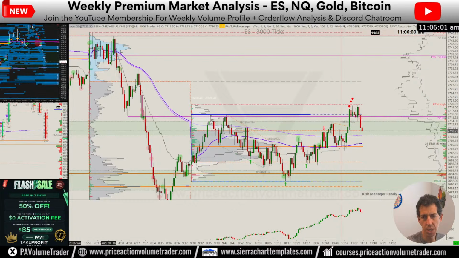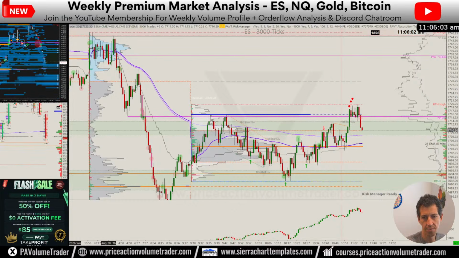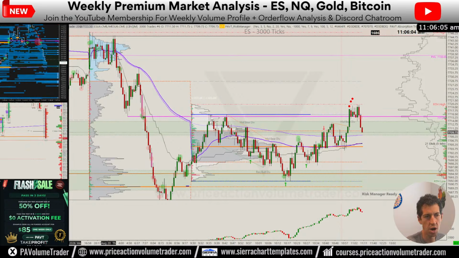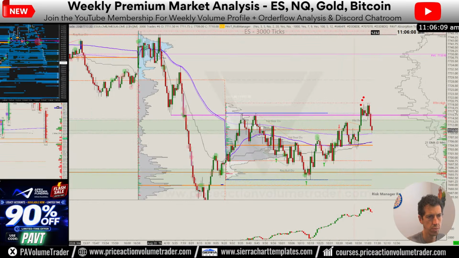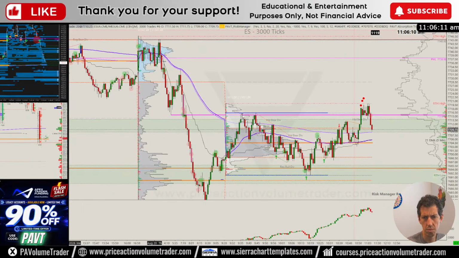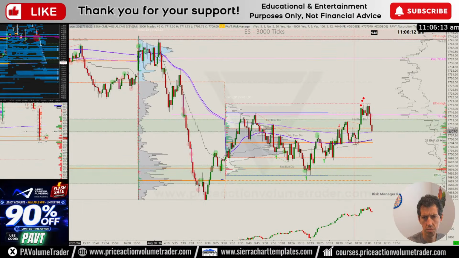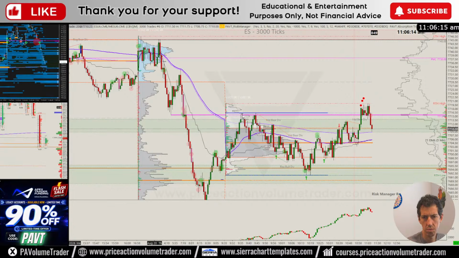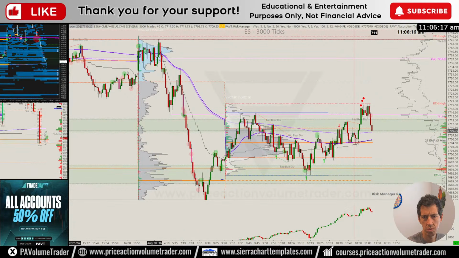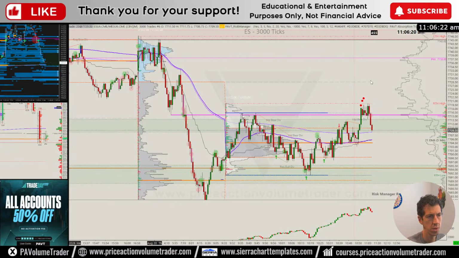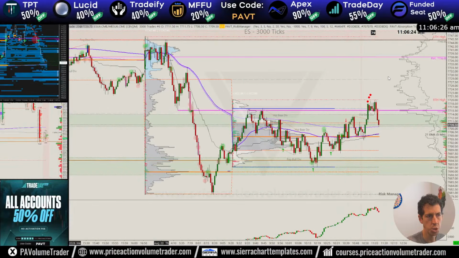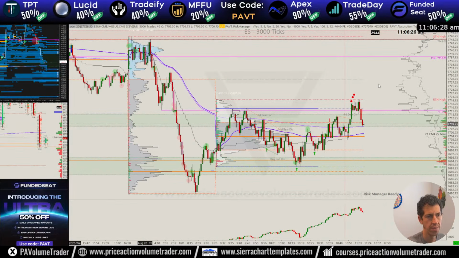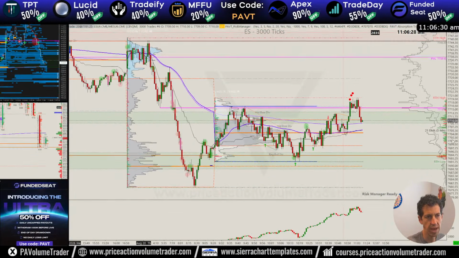Divine, yes, you can change the size of the ticks on the footprint very easily. Nolan, like I mentioned before, on the footprint, just look for areas of high volume and absorption.